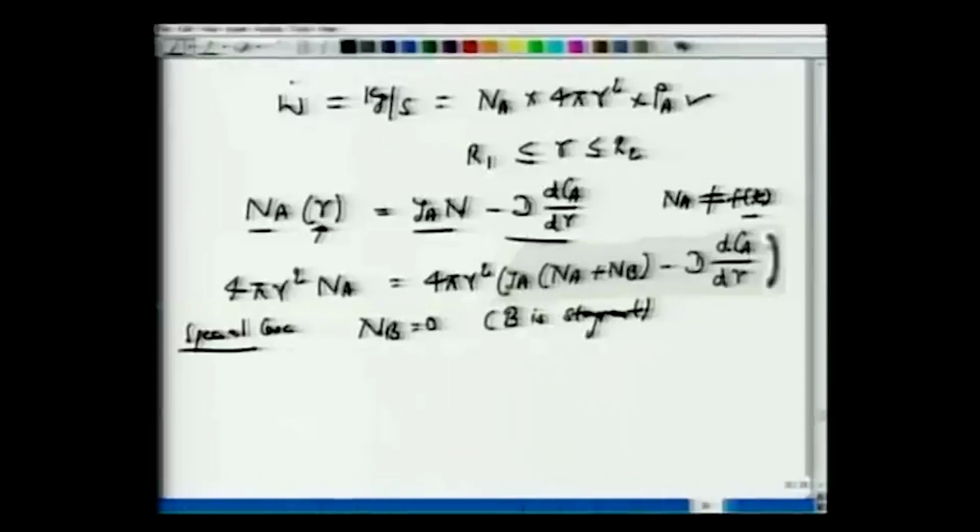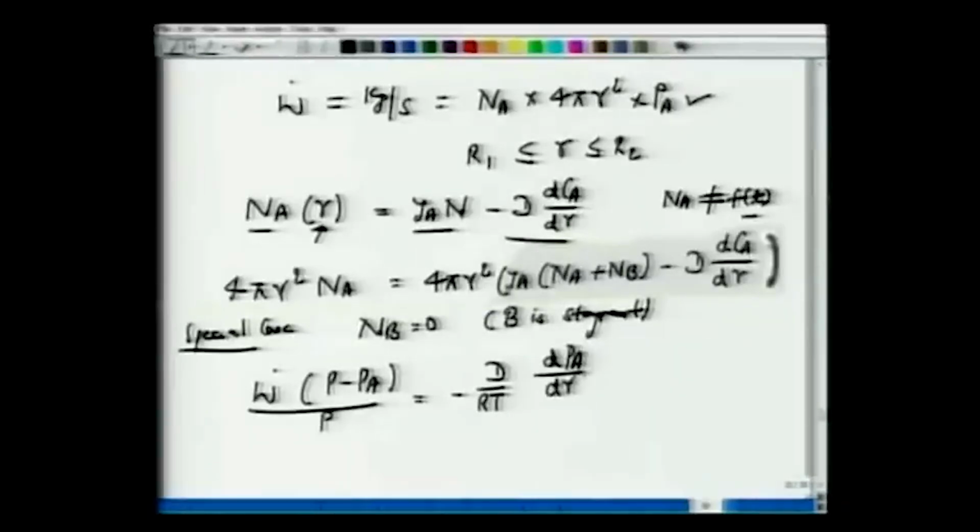Now we substitute Nb equal to 0 into this equation to obtain W dot times (P minus PA) over P equals minus D over RT dPA over dr times 4 pi r square.